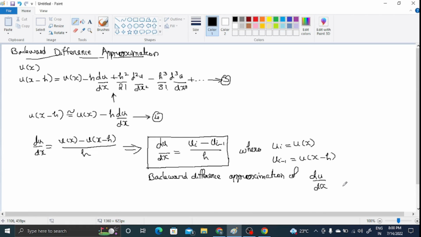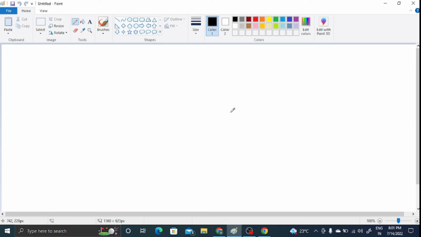Yes, sir. So please note all these equations. Once again, we need these equations also. So I am repeating the equations for forward difference approximation. We expanded u of x plus h, that is equal to u of x plus h into du by dx plus h square by 2 factorial into d square u by dx square plus etc. So we noted it as equation number 1.